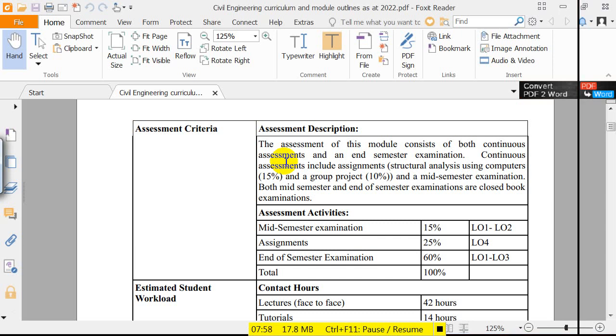We have a mid exam, which contributes 15% of your final mark, and normally it would cover learning outcomes 1 and 2. Then there will be assignments that cover 25% of the marks.